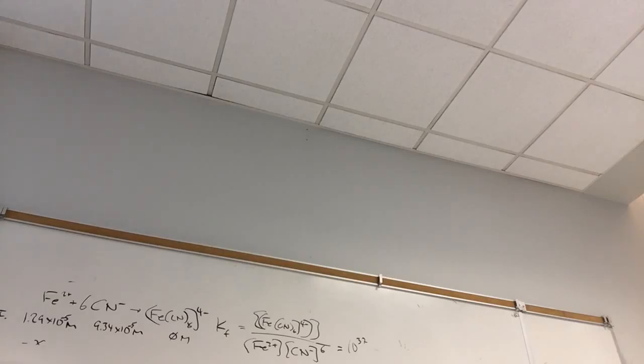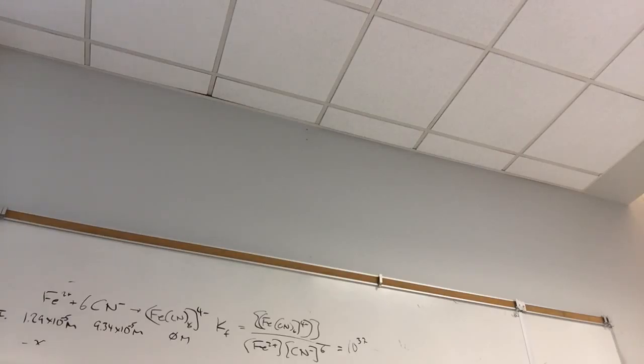What does iron go to? Well, which one's the limiting reactant? The cyanide? We need 6 times as much cyanide as iron. So we're going to figure it out.